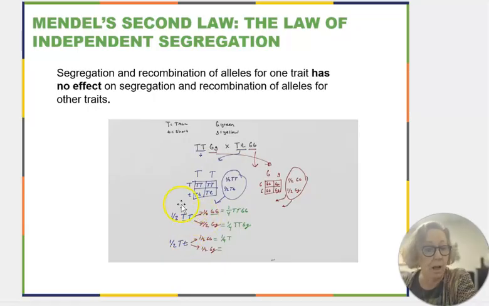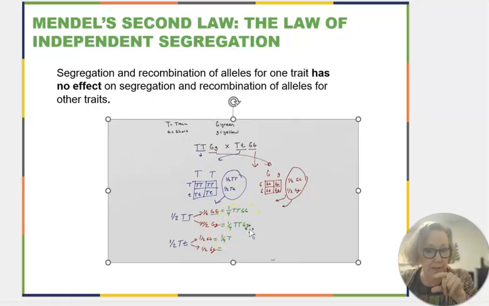Now, of the big T's, let's just look at this one right here. Of the big T's, half of them will be big G, big G, and half will be big G, little g. So we have a 1/4 chance of all homozygous dominant, big T, big G, and 1/4 big T, big G, little g.